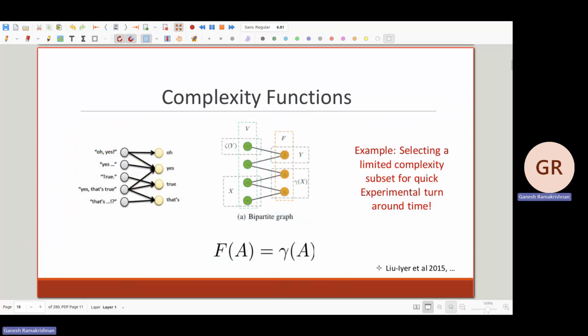Selecting a limited complexity subset for quick experimental turnaround time, say. I want to learn a large language model with a compact vocabulary. So here you take A as a size or a cardinality of A, but what you do is slap a concave function on top of it to show diminishing returns, because as you keep increasing the vocabulary, obviously you're not too happy and you'd like to taper it down faster. Concave makes more sense.